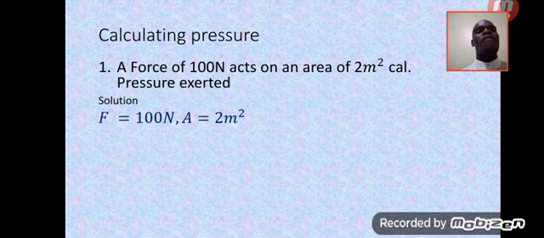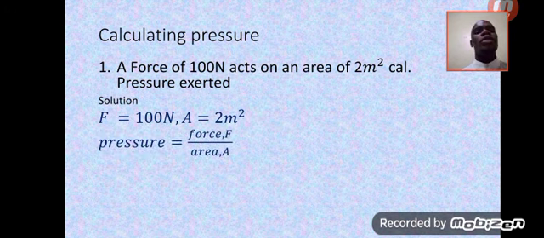Therefore, if we are to calculate pressure, let's have a simple example. A force of 100 newtons acts on an area of 2 meters squared. Calculate the pressure exerted. We have a force of 100 newtons and an area of 2 meters squared.